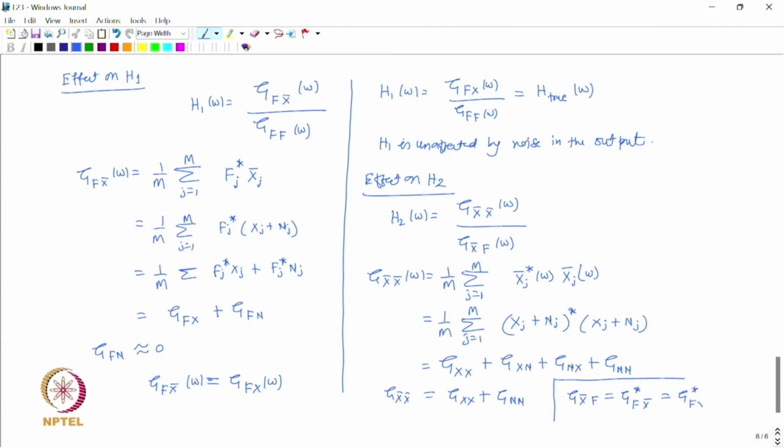So this is equal to the complex conjugate of Gfx, and the complex conjugate of Gfx is equal to Gxf, isn't it. So we see that Gx bar f, the cross spectrum between x and f, is unaffected by noise in the output, correct.